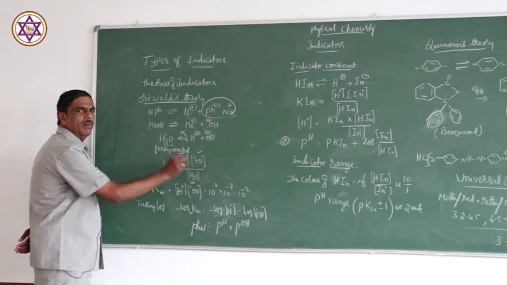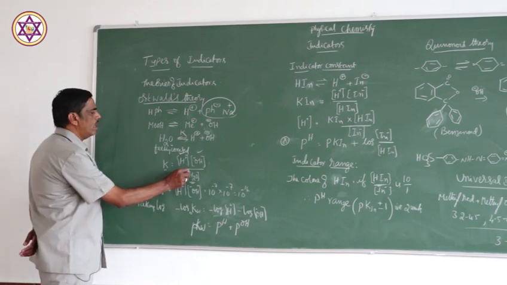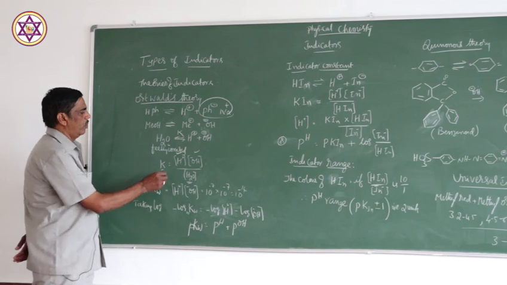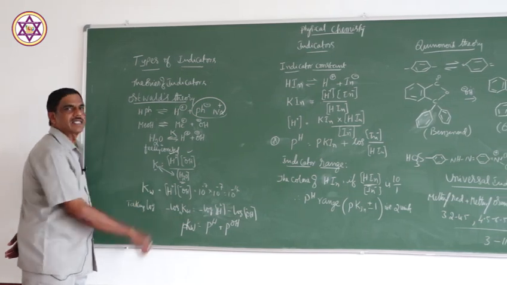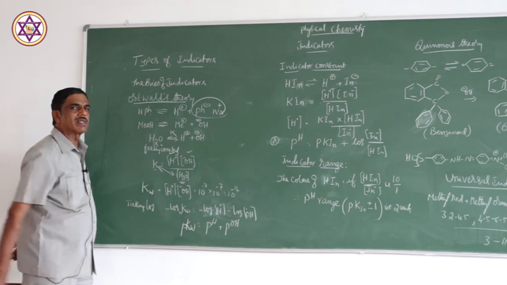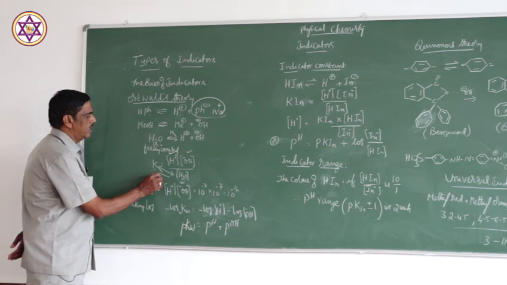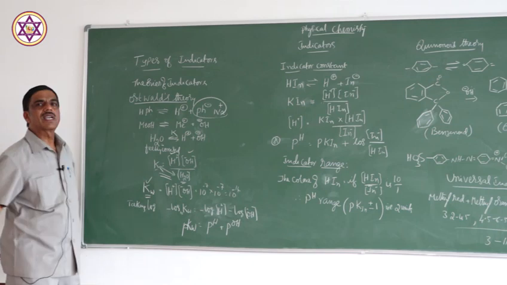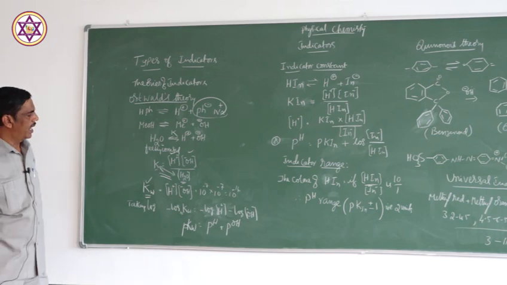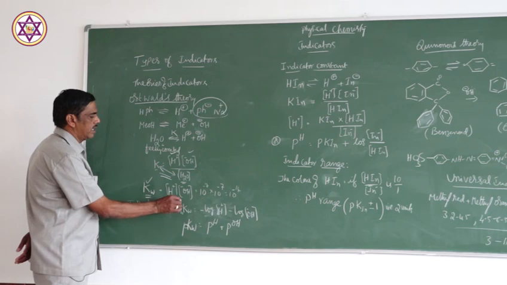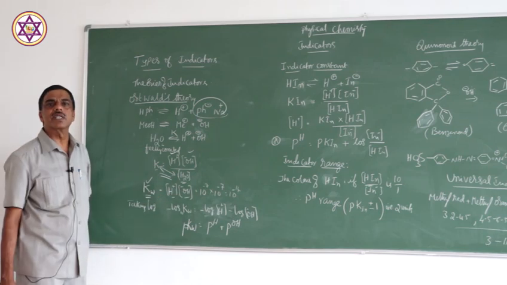Since water is feebly ionized, the concentration of water is almost constant. Therefore, you can multiply these two constants, the equilibrium constant K and this other constant, and represent them by Kw. This Kw is called the ionic product of water, which is the product of H plus concentration and OH minus concentration.